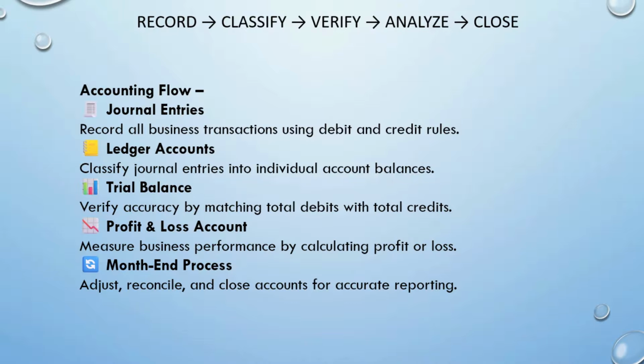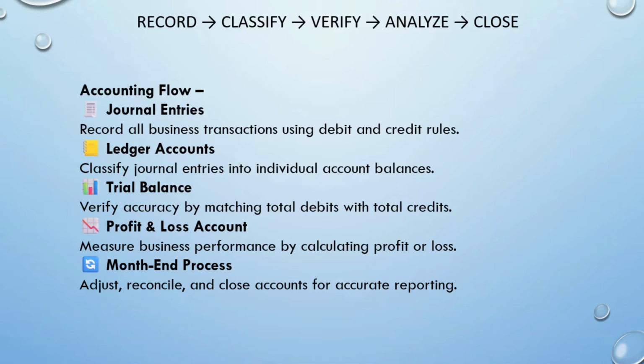With the supporting documents, we verify whether they match the records with the help of the trial balance. Debit and credit will always match with the records, what we have got from the supplier, what we have got from the customer. So the evidence verifies the documents, and we analyze with the help of the profit and loss account.